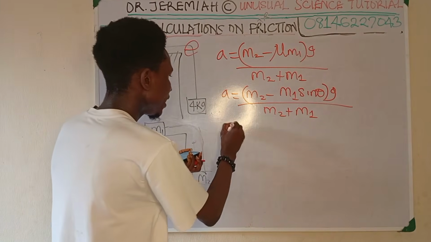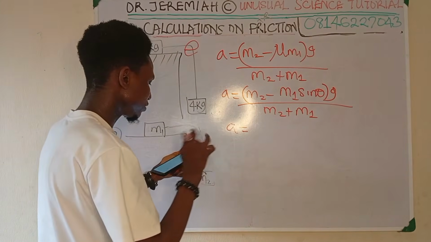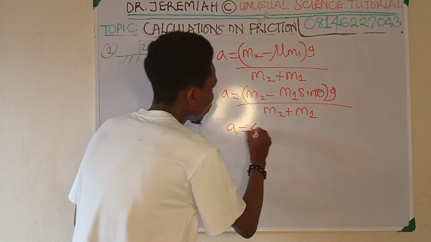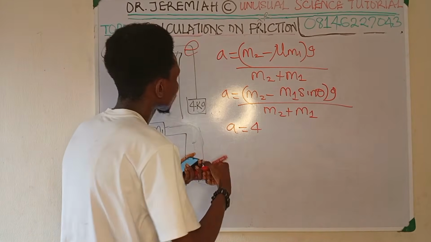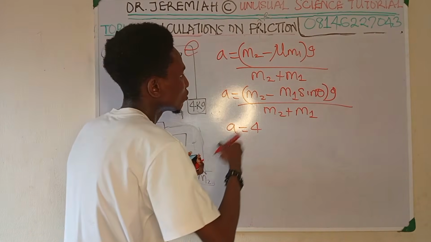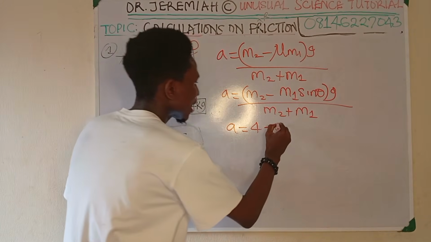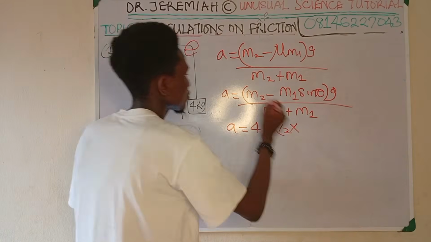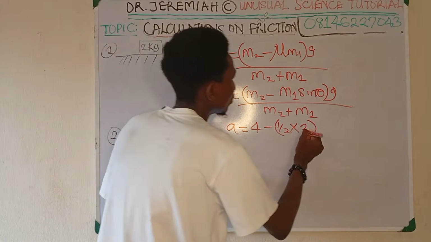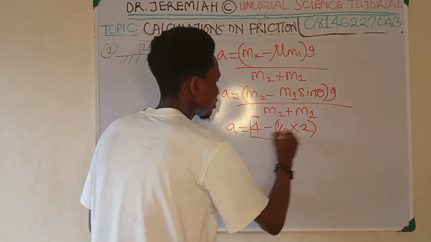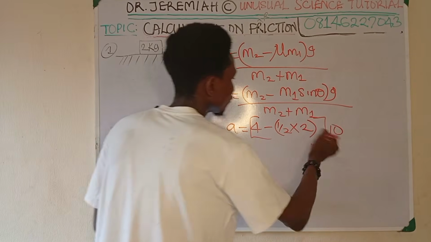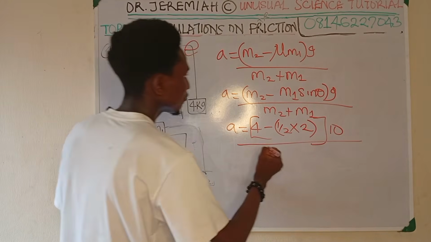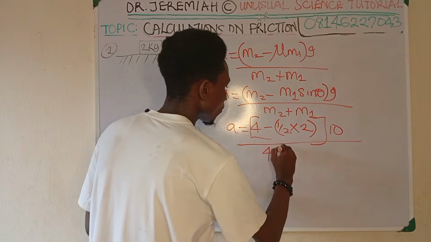So we have A equal to, what is the first mass in the question? We have 4, so the second mass is 4. Please take note of the signs. M2 minus coefficient of friction, which is half, times the first mass, which is 2. Then we have 10 for G. Put everything in brackets, then M2 plus M1, which is 4 plus 2.